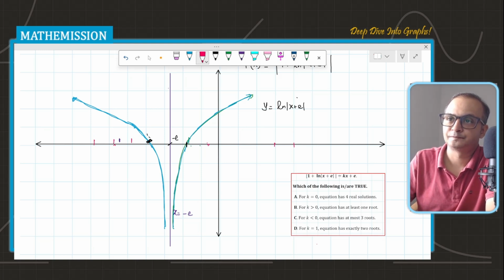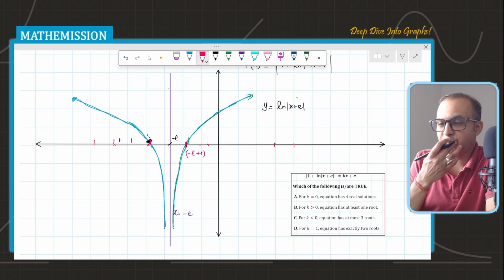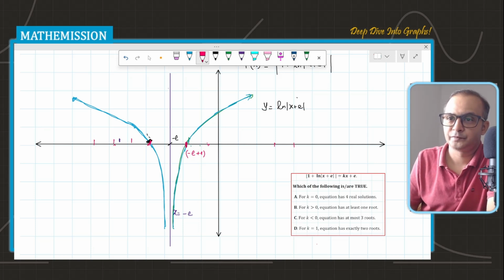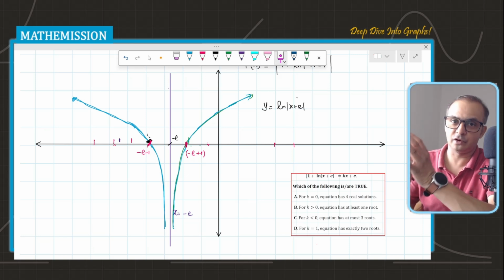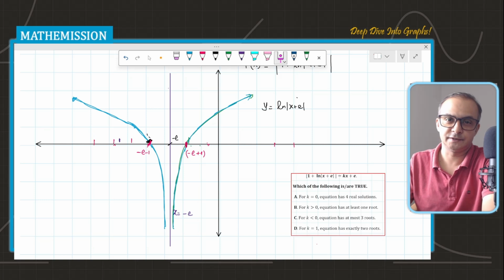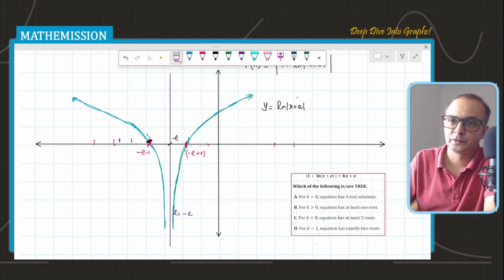It means this value must be -e plus 1, and this value must be -e minus 1, because if you see -e minus 1 there also, if you substitute it, it will be the effect of like a log of mod of -1, and log of mod of -1 is log 1, so it will be 0 there also.